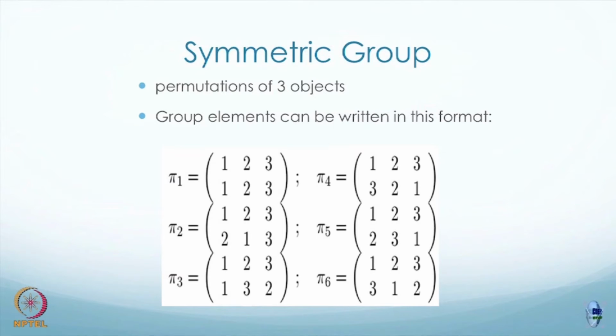Is that okay? Is that clear? And pi 6 is the acyclic one. 1 becomes 3, 3 becomes 2, 2 becomes 1. Okay? I do not think any other permutations are allowed. You know this very well, so I thought let me take the 3 objects and explain it.